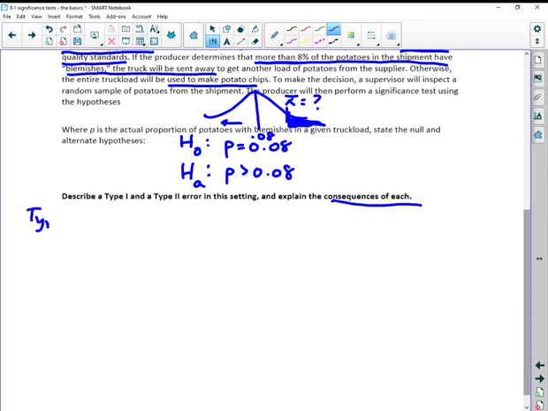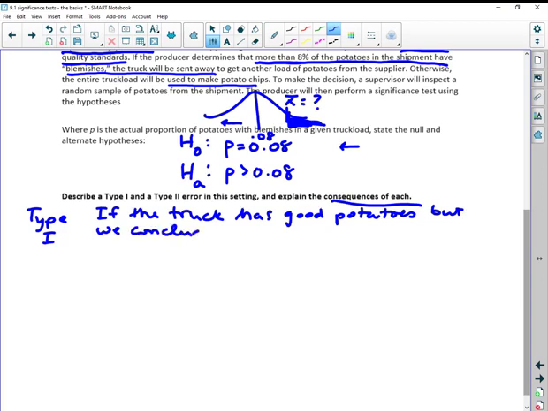So, type 1. What would happen if the truck has good potatoes with 0.08 blemishes or less, but we concluded they were over 0.08 blemished potatoes, or bad potatoes?